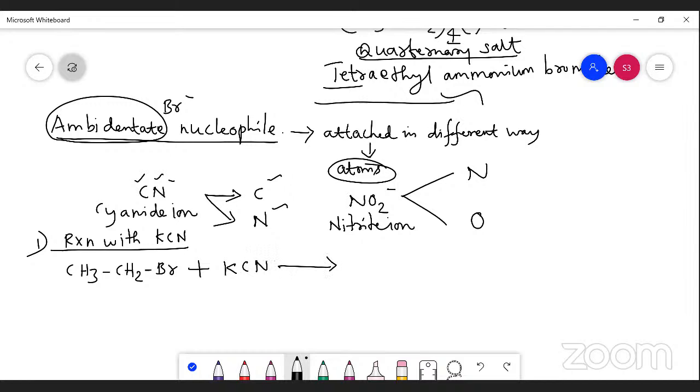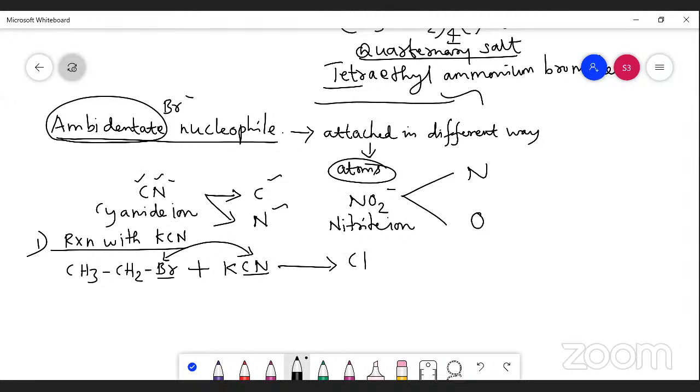While I am writing the reactant molecule itself, you can find the product, because we already know Br is a nucleophile and CN is a nucleophile. Definitely it is going to be substituted. Yes, good. The first reaction possibility is correct, because I am going to write the C attachment nucleophile. Then Br can be replaced like this.